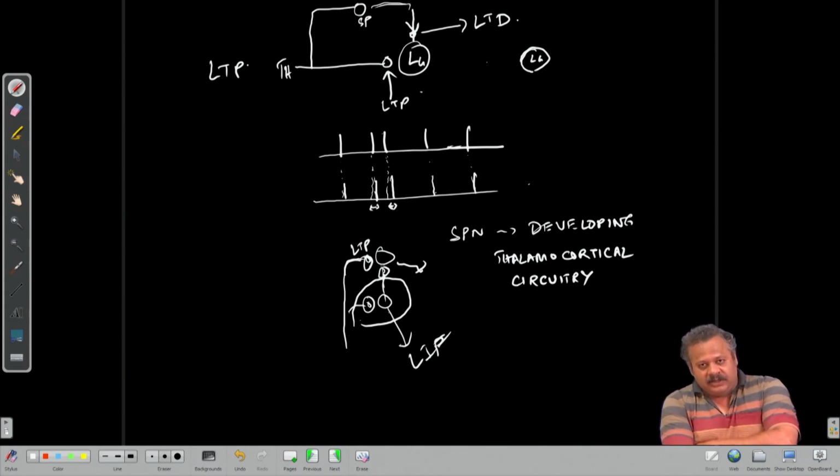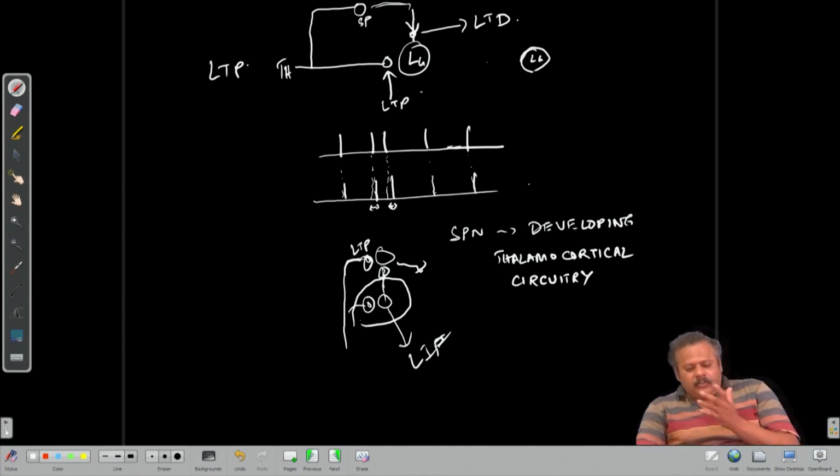That is, if the subplate is removed, then ocular dominance columns do not develop, and with monocular deprivation what is expected is not seen. These can be replicated with the same ideas in a model where you incorporate long term potentiation and long term depression with spike timing dependent plasticity in these synapses during development.